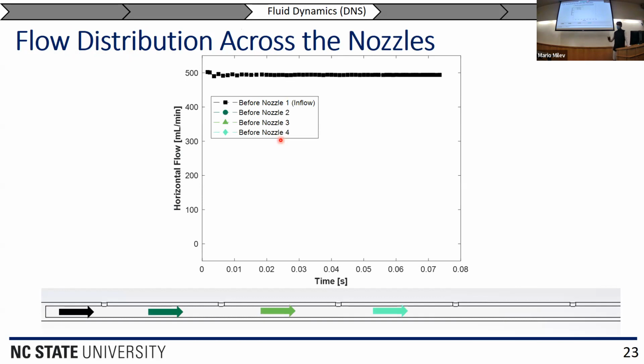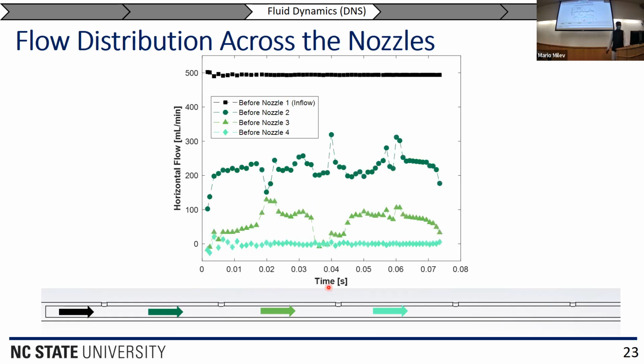Then for the second, third, and fourth nozzles, we see that some of the air goes through the second nozzle, some goes to the third, but almost no air makes it to the last nozzle. So when I do further analysis, I neglected the fourth and fifth nozzles as there's very little air going through. You would have seen that in the previous slide where the last 2 nozzles were black.